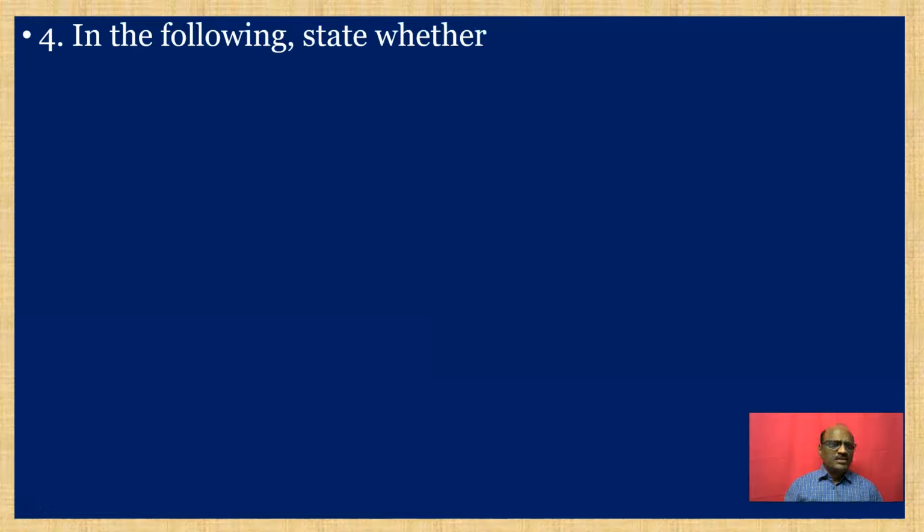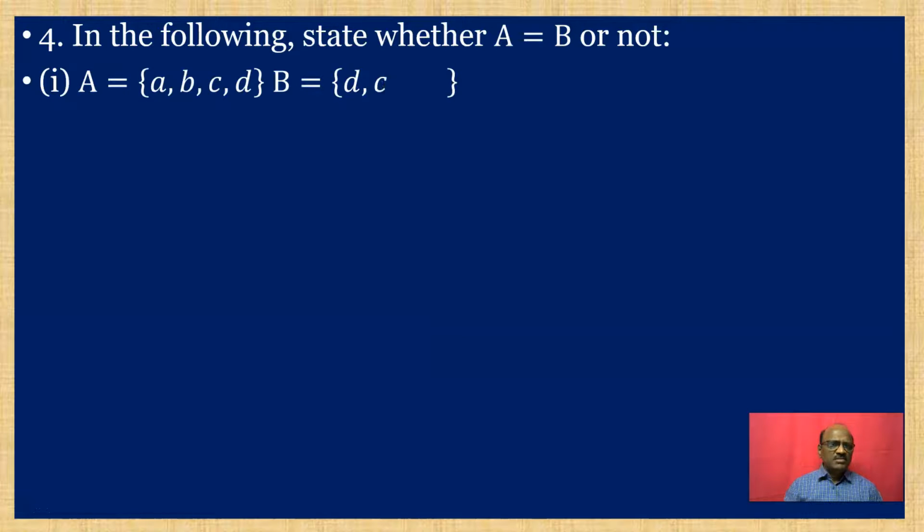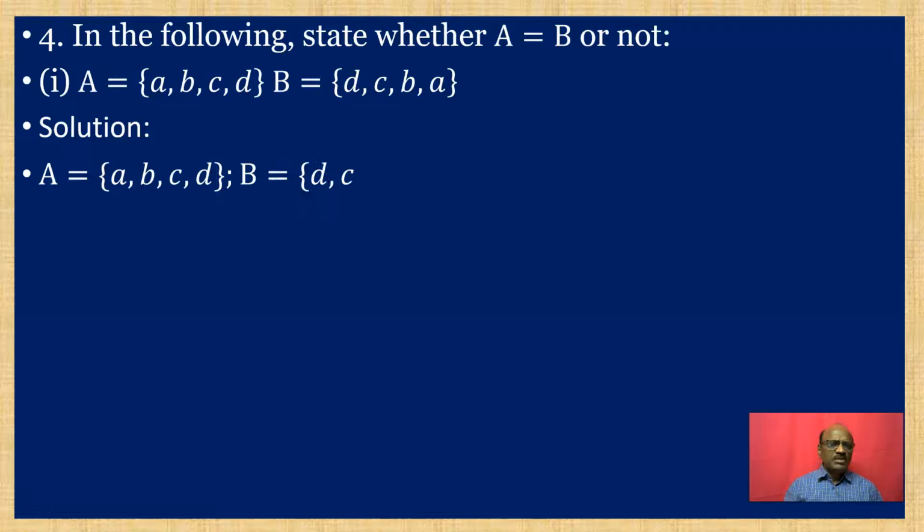In the following, state whether A is equal to B or not. The first set contains A, B, C, D, and the second is D, C, B, A. Yes, these two sets are equal because both of them have the same elements, though the order is different.